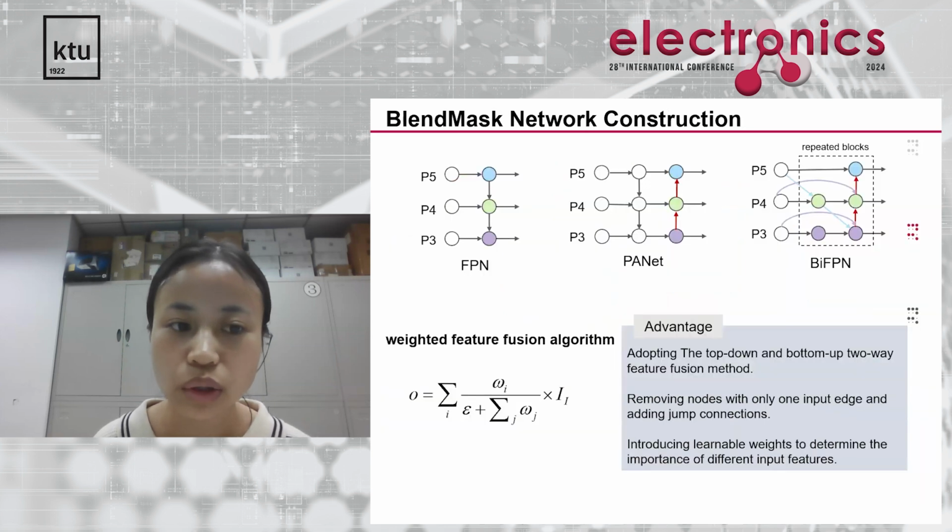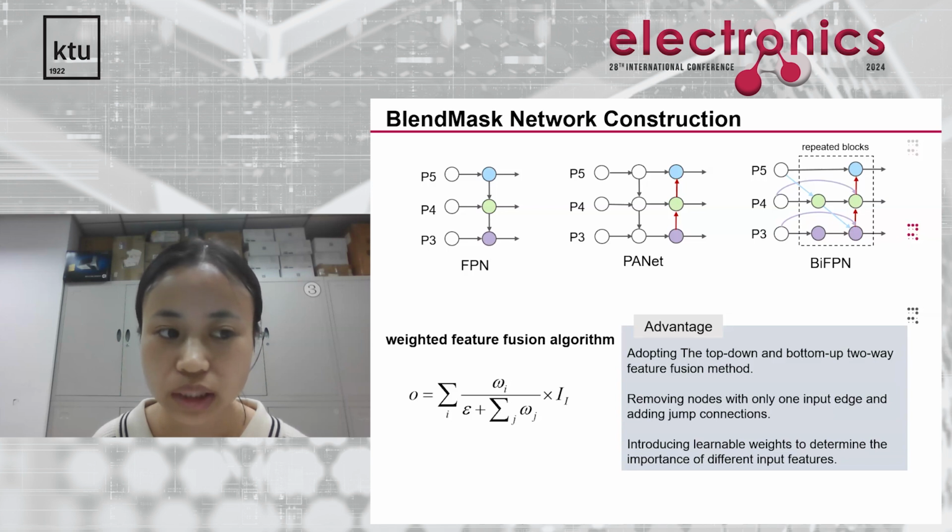The BlendMask uses FPN for feature extraction and fusion, which results in low recognition accuracy for the relative position of the tomato batches. Unlike the FPN structure, BiFPN removes nodes with only one single input, improving the efficiency of the model.